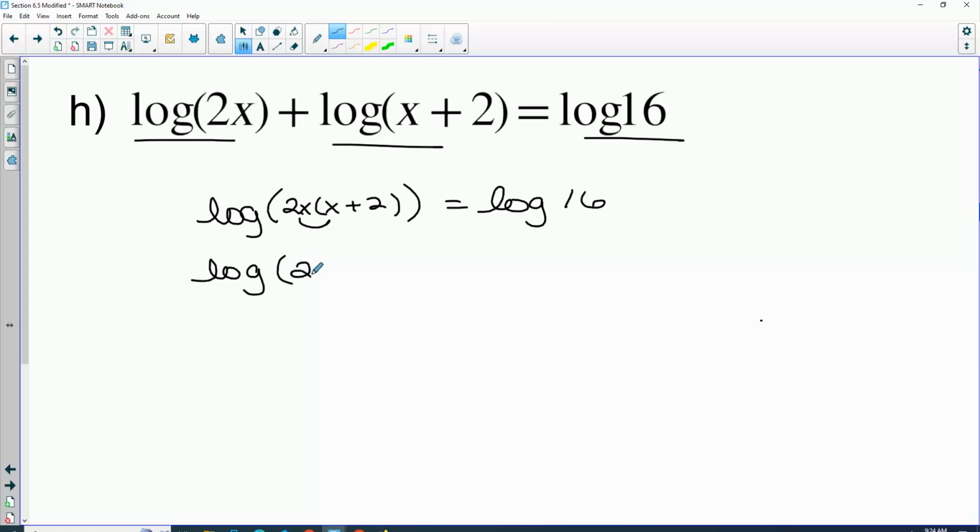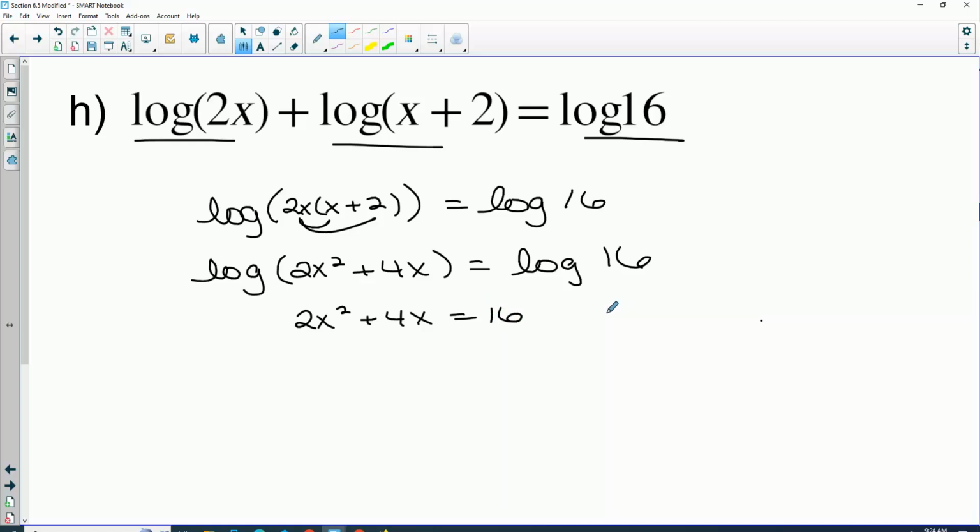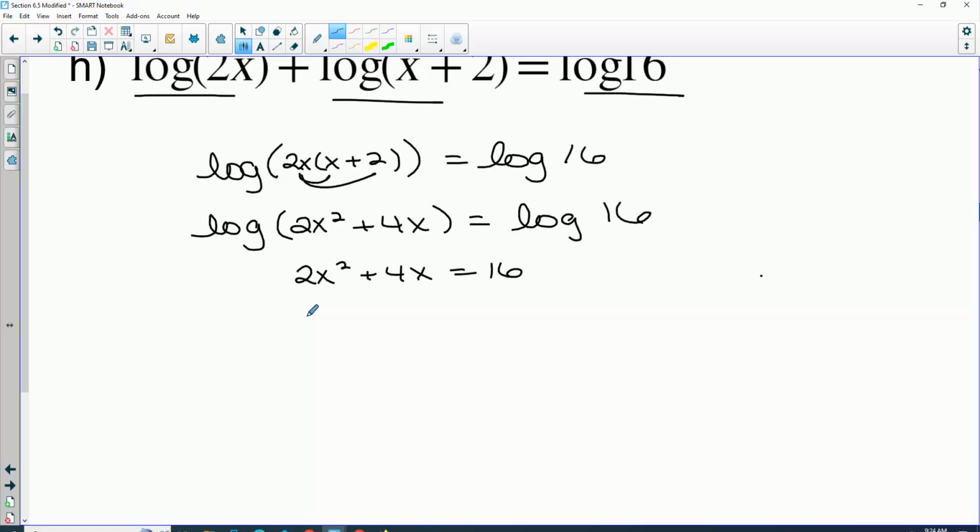We distribute, that's 2x squared plus 4x. So now 1 log on each side, it can be dropped. Subtract over the 16.